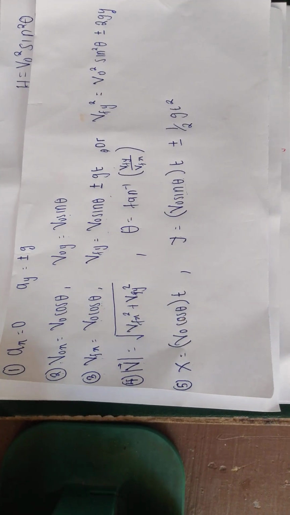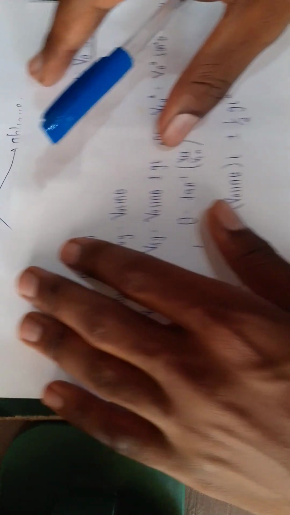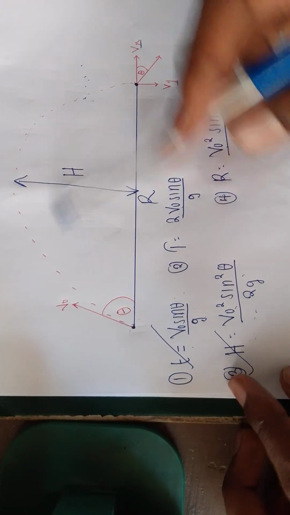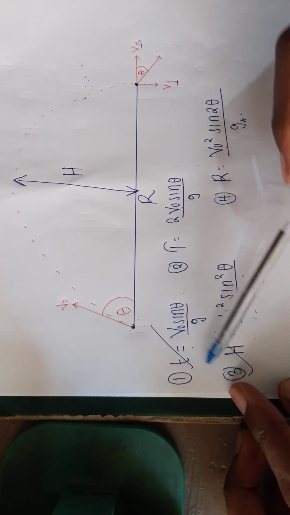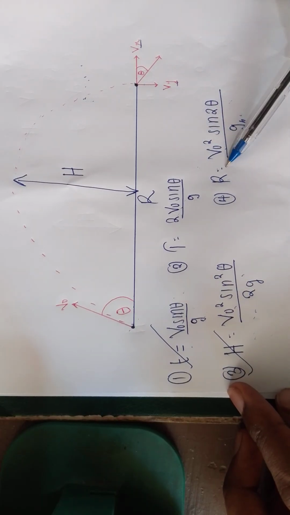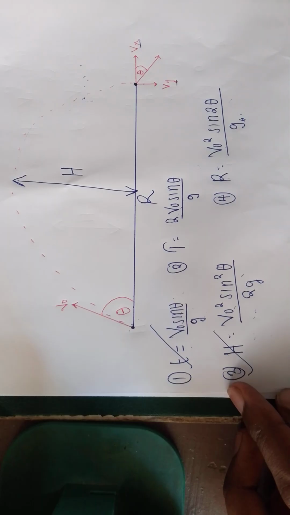Then for other calculations, remember your general formulas. Okay, so a summary of what we've done. Number one is you have a sketch like this where you have a parabola. You have specific formulas that you can use here: the time of flight, the range, the maximum height, and the time taken to reach maximum height.